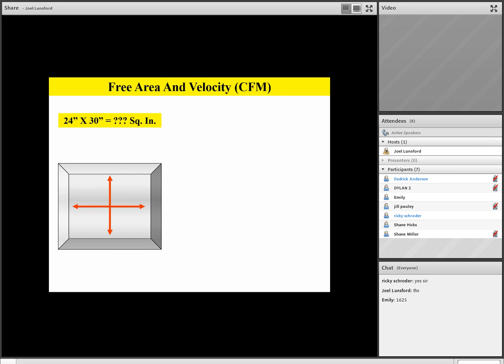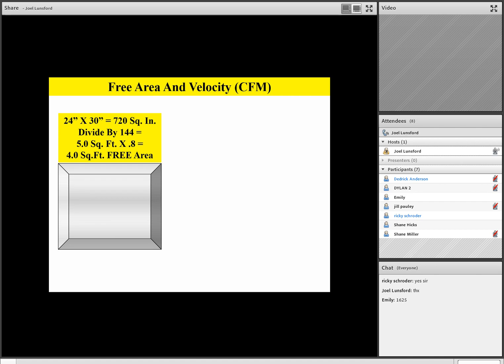We multiply 24 by 30 and we get 720 square inches. We then divide by 144 just like we did before to find square feet. So in our example, a 24 by 30 grill divided by 144 gives us a 5 square foot opening. But hang on a second, we have to multiply times 0.8 to get the free area.